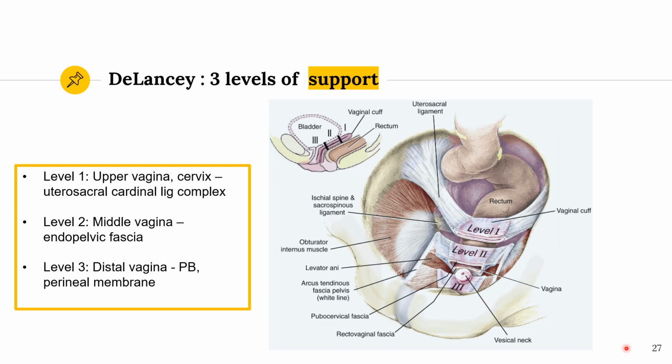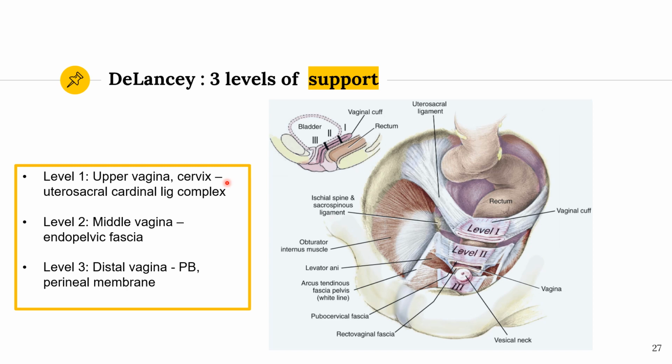These structures support and maintain the normal position of the distal 1/3 of the vagina and introitus. It is important to remember that all three levels of support are interconnected through the continuation of endopelvic fascia.